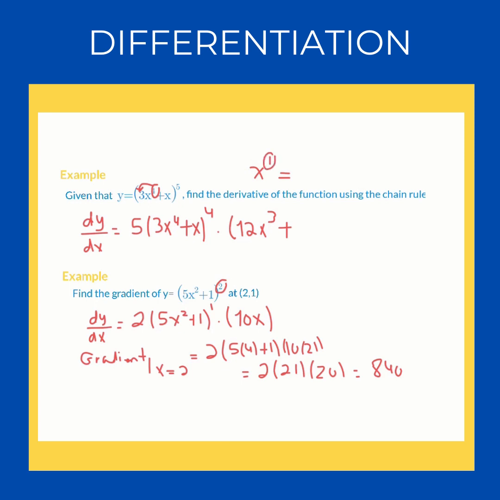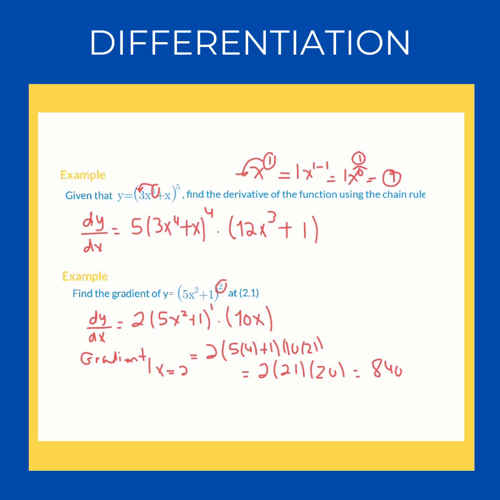So the 1 goes down, so it becomes 1x to the power of 1 minus 1, which is 1x to the power of 0, and x to the power of 0 is 1, so 1 times 1 is 1. So always the derivative of x is 1. So dy over dx is 5 times 3x to the power of 4 plus x, all of it to the power of 4, times 12x cubed plus 1.